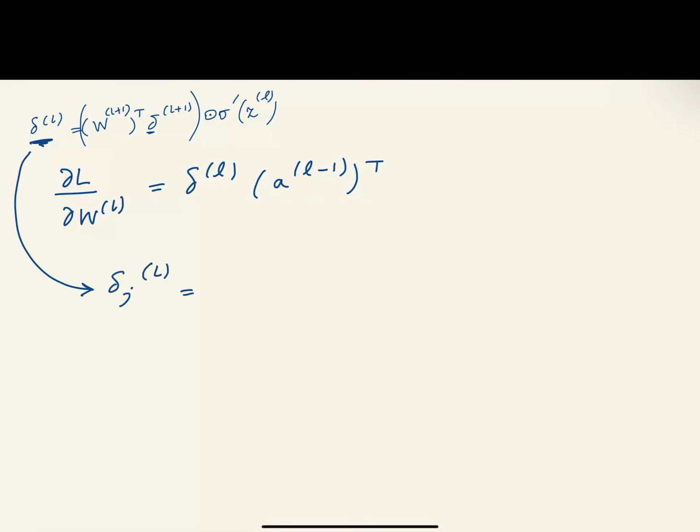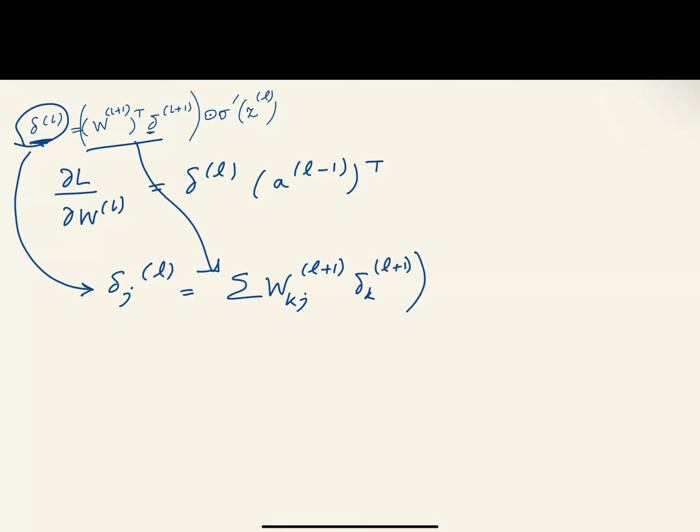A component of this vector is the blame signal for a neuron j in layer L. We could open this up into its summation form, which is equivalent: the sum of the products of the weights and the blame from the next layer, multiplied by the sensitivity of the activation function.